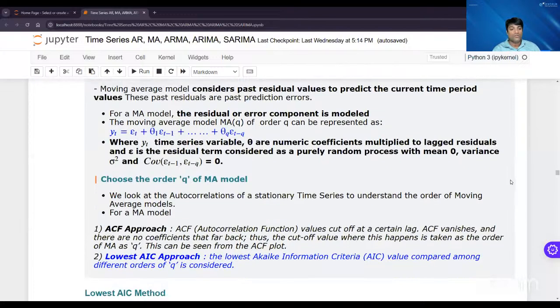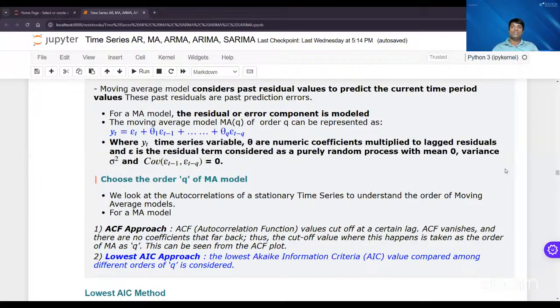To understand what is happening inside the MA model, the main focus is on the past terms, or the past errors. We are particularly using the error terms, which are IID, identically independent data, and this is used for short-term memory.